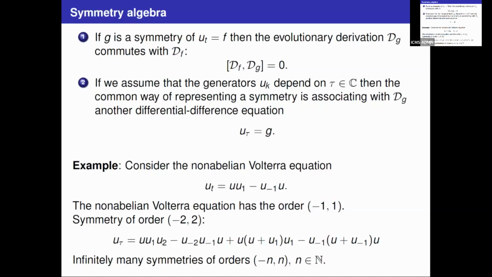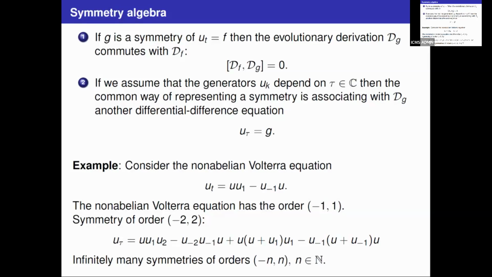Well, perhaps I should give another example here. I will not write the symmetry, but I will just mention u_1, u_2, u_{-2}, u_{-1}, u. So this is a multiplicative non-abelian Bogoyavlensky equation of order -2.